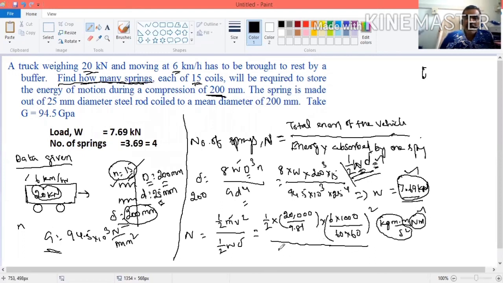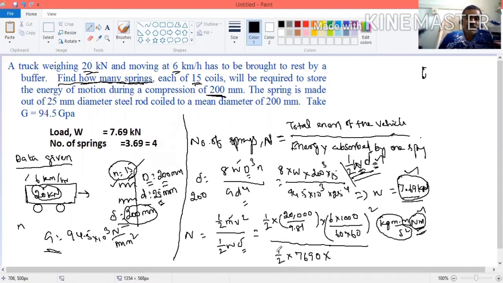Divided by half into, what is the value of W? Already we have calculated 7.69 kilonewton, so 7690 Newton, multiplied by delta. In the numerator we have the kinetic energy in Newton meter, so here also you have to put Newton meter.